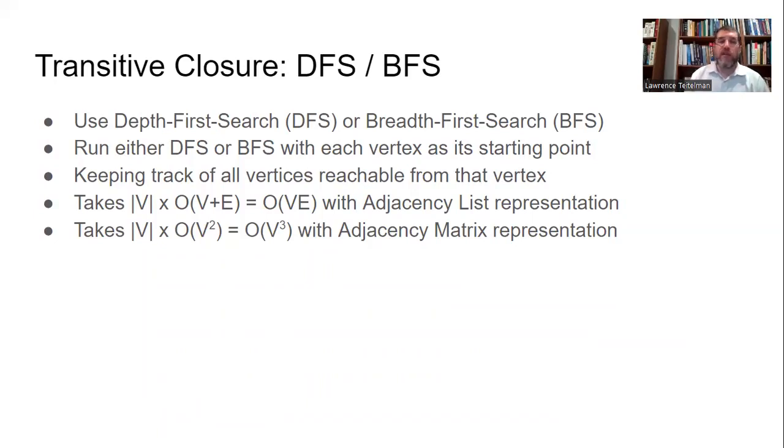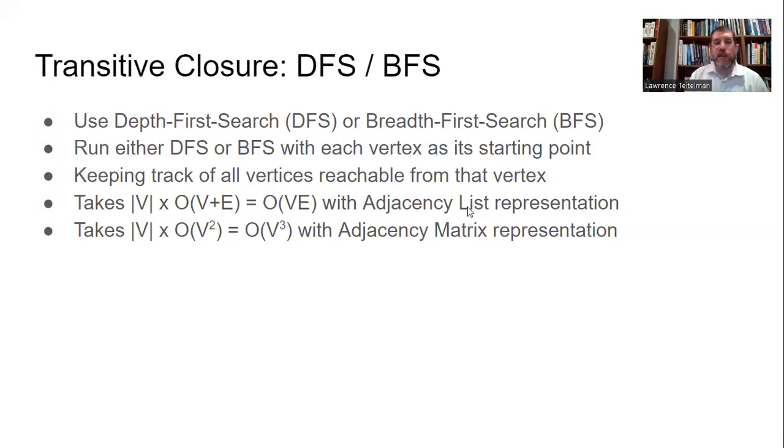So who remembers how long it took to do DFS? V plus E, assuming we have an adjacency table. If we're using the adjacency list, it was a V squared. I'm sorry, with the adjacency matrix, it's V squared, but yes, the adjacency list. See, I made the mistake myself. I called it adjacency list.